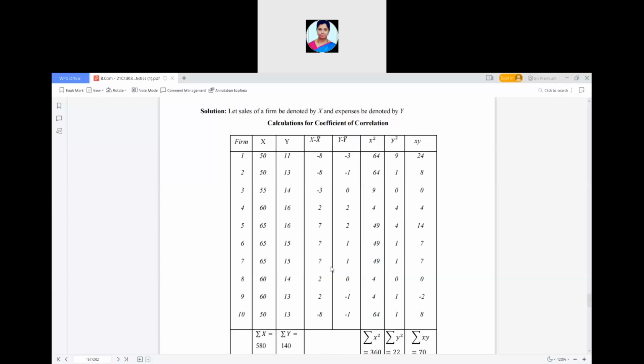X bar is equal to summation x by n and y bar is equal to summation y by n. So x bar I have calculated, and then x minus x bar, and y minus y bar. Small x is equal to X minus X bar, and we are squaring that column, the x square column. Y minus Y bar, the whole square, we consider as y square, and we have taken xy.